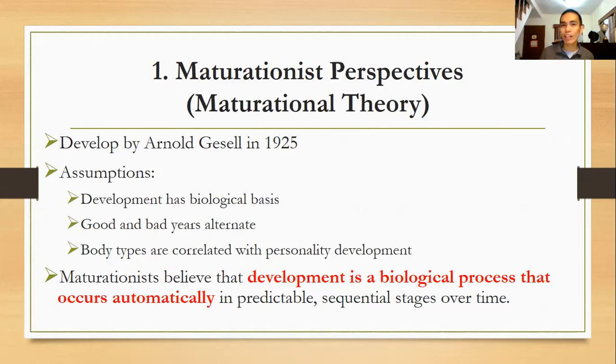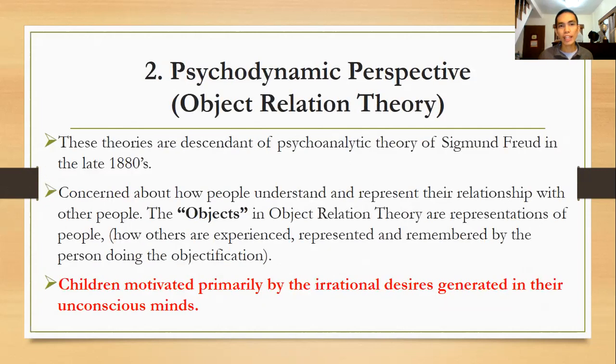The more you become matured, the more ready you will be to accept the instruction or to grasp the knowledge that the instructor imparts to you. Okay, that is the maturationist perspective.